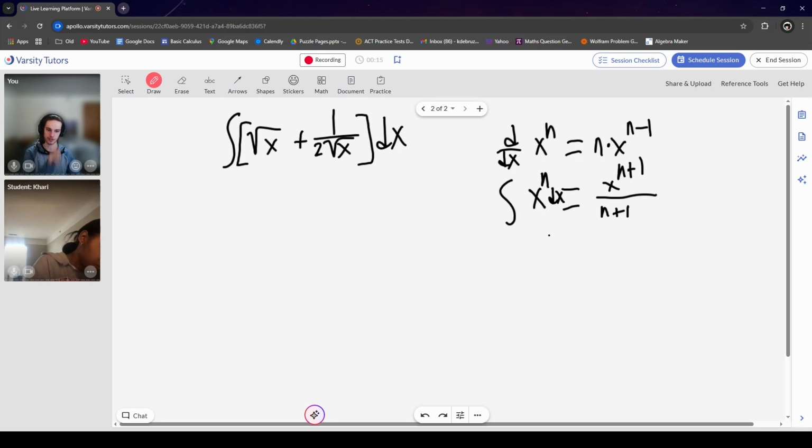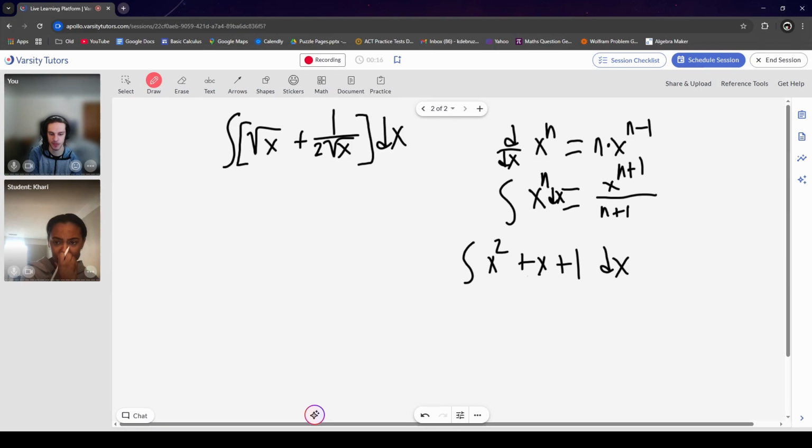The derivative operator and the integral operator are called linear operators, and all that fancy math language is just to say that if we have the integral of x squared plus x plus 1, a quadratic, dx, we can split this integral into three integrals: the integral of x squared plus the integral of x plus the integral of 1 dx.